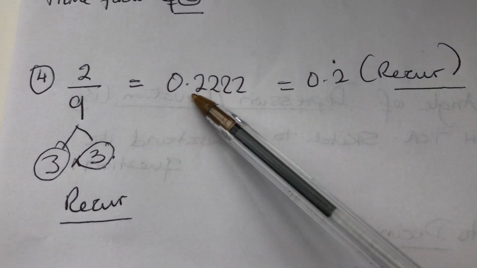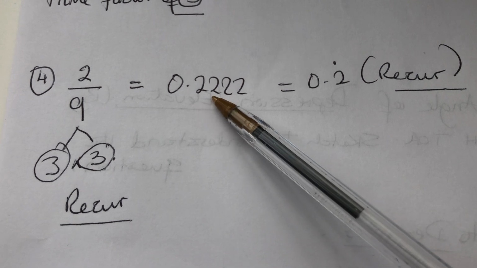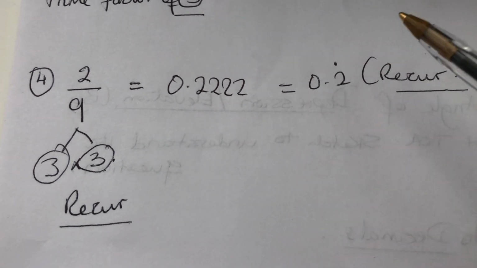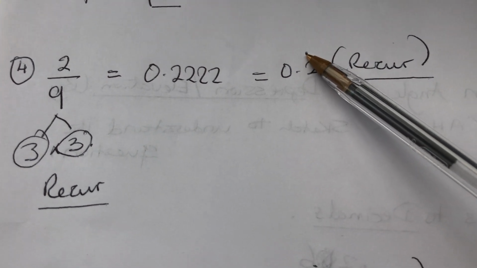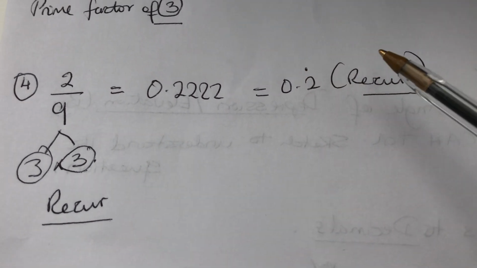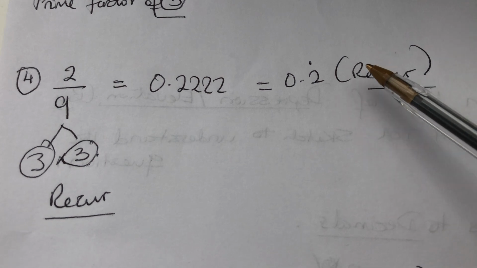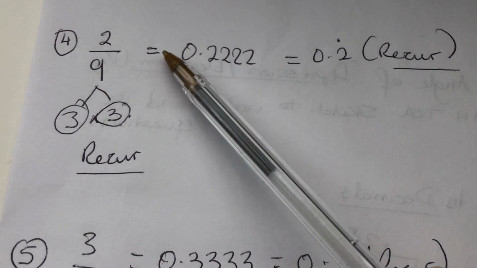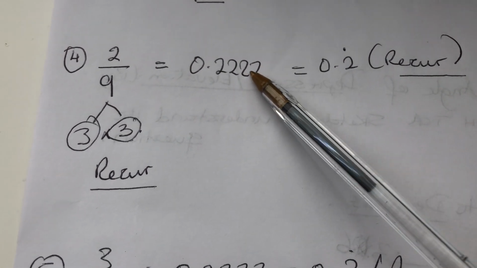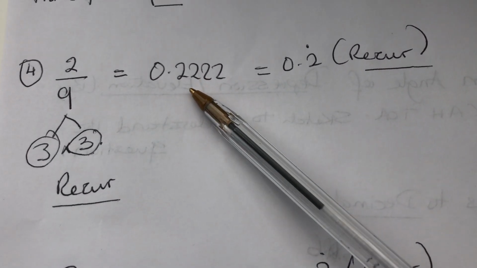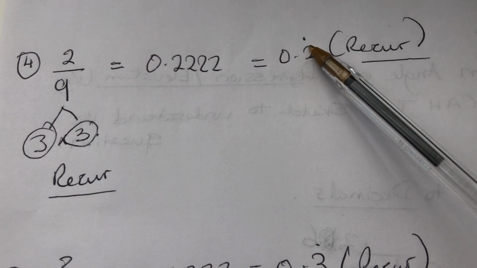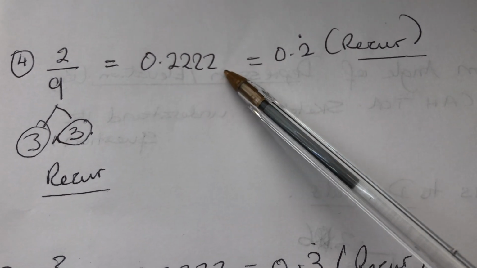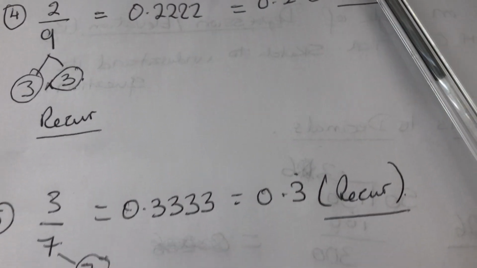So you have 0.22222, it goes on, so you can put the dot on the 2 to say that it recurs. You can use your calculator to do this if it's a calculator paper, but even if you use long division, you can see that it will recur.